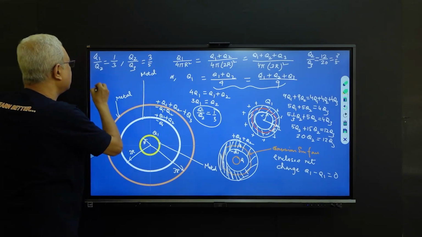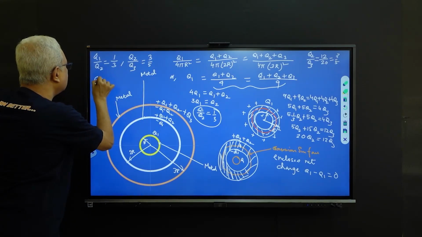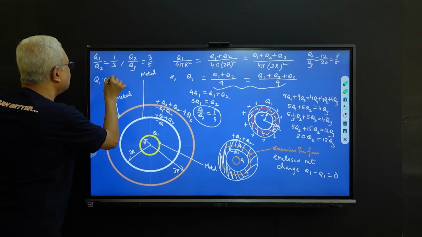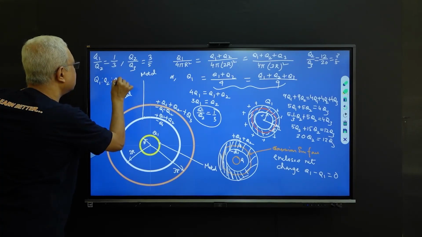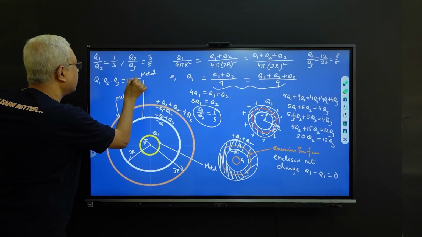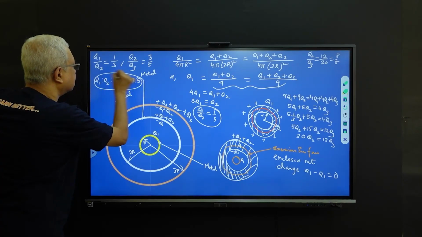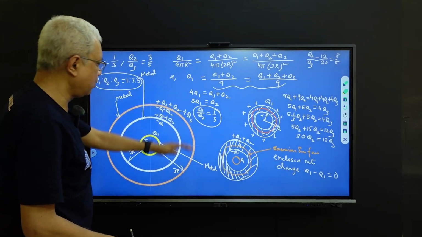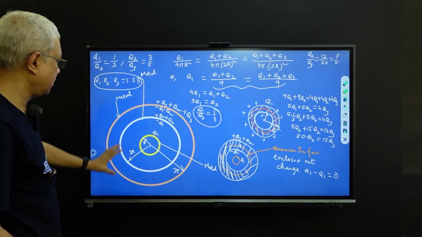So Q1 is to Q2 is to Q3 is equal to 1 is to 3 is to 5. So this should be the correct answer. I hope you have understood the steps involved over there.